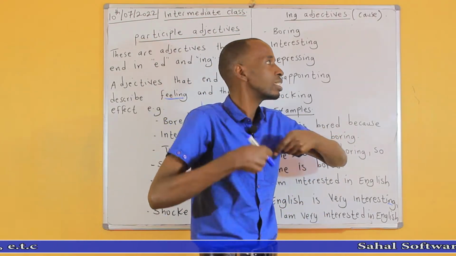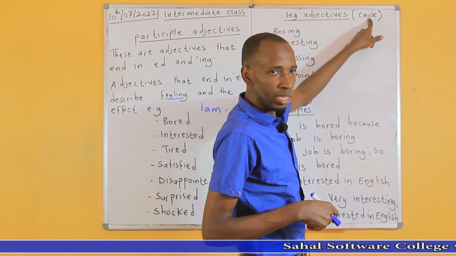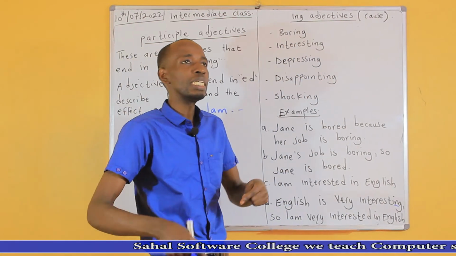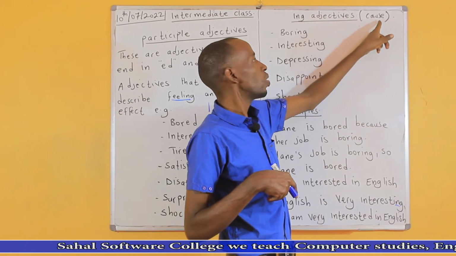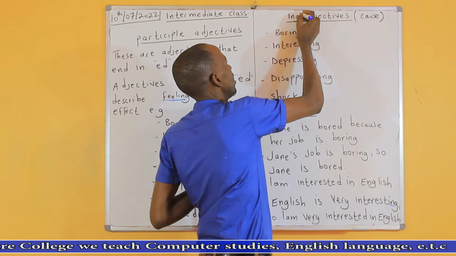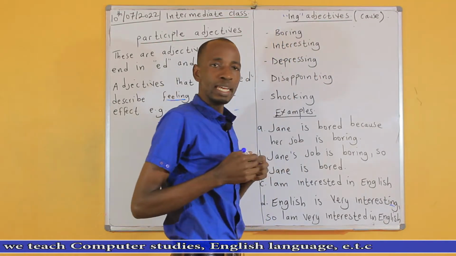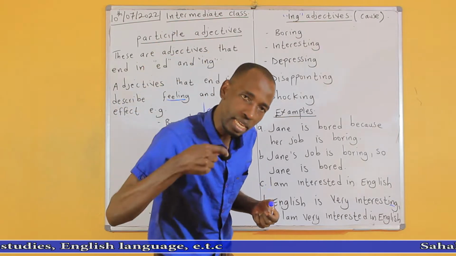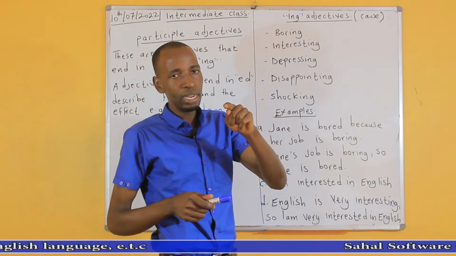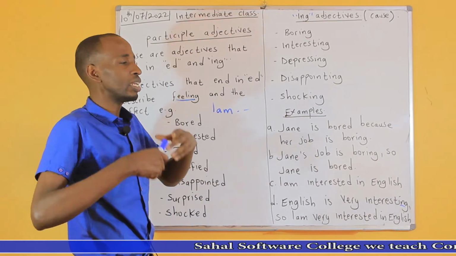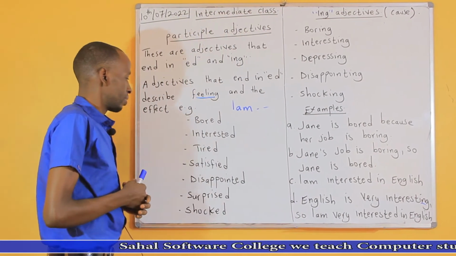The cause for you being satisfied is from me. That's why here I put cause to show adjectives that end in ing. You get satisfaction from me. So the word satisfying means you don't need another.